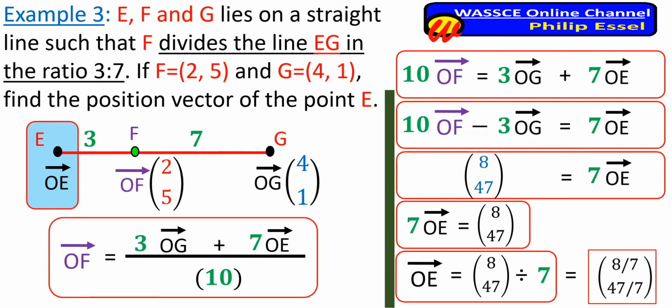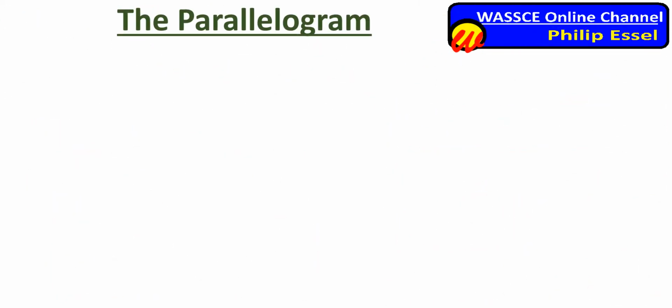Well, I believe this was very interesting for you. We are going to look at vectors in relation to the parallelogram. So let's look at the parallelogram, and we would also look at how vectors relate to them. First, we need to know what the parallelogram is.